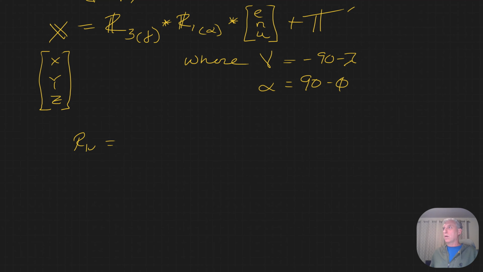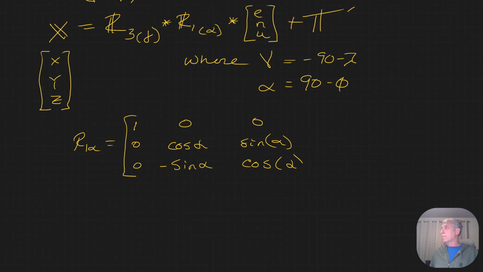R1 of alpha is equal to, this should look familiar to you, the matrix with rows 1, 0, 0; 0, cos alpha, minus sine alpha; and 0, sine alpha, and cos alpha. That's our R1, where alpha is equal to this 90 minus phi.